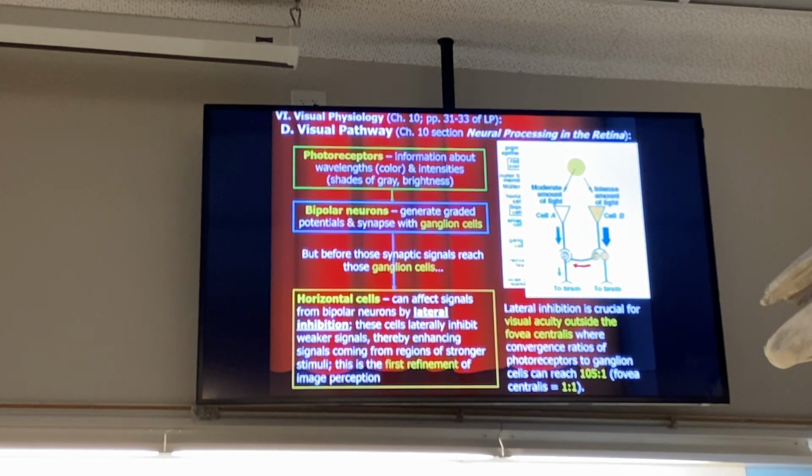I just have the basic sequence here on the whiteboard, but there are other cells in the retina: amacrine cells and horizontal cells. You only have to know about horizontal cells. I'm not going to ask you any questions on amacrine cells.